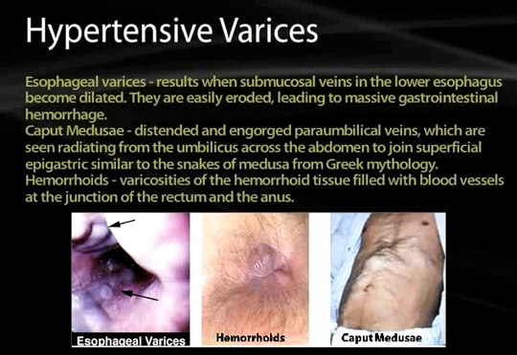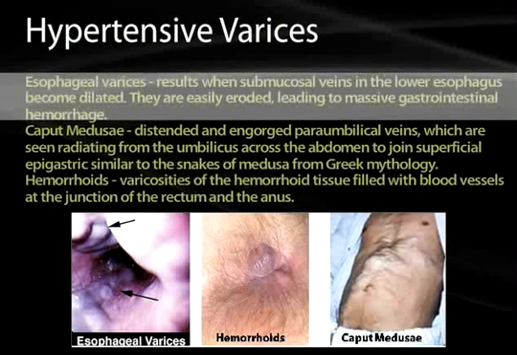In hypertensive varices, including the esophageal seen here, it results when the submucosal veins of the esophagus will become dilated. They get very easily eroded, especially if somebody's got gastric reflux, and it can lead to huge gastrointestinal hemorrhage and potentially death.